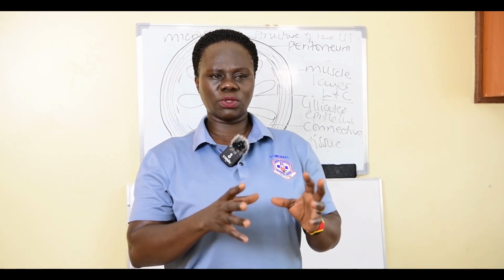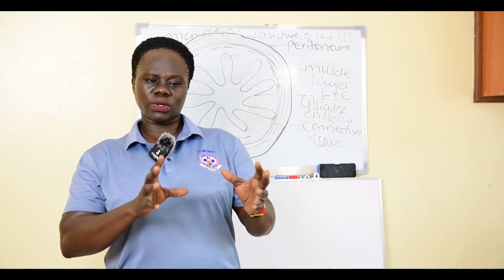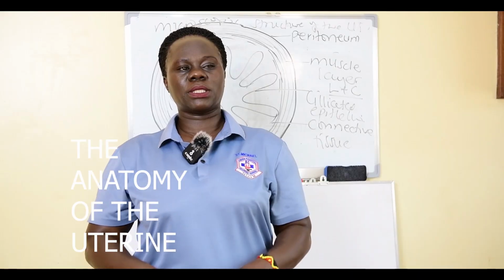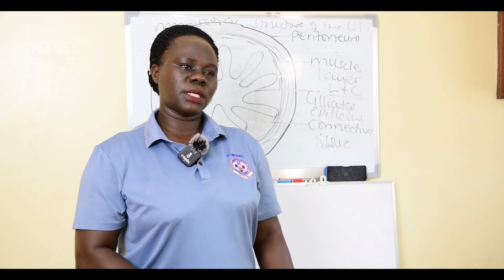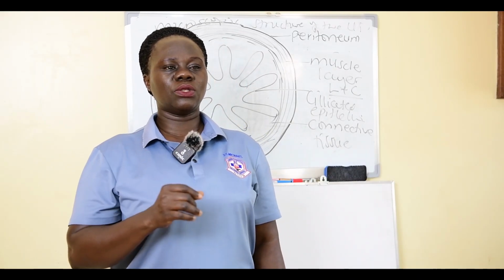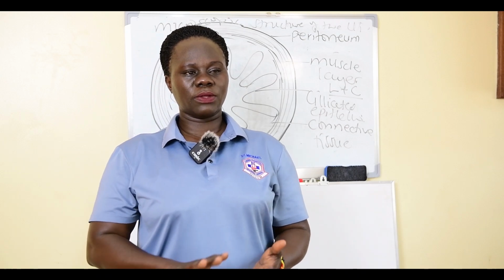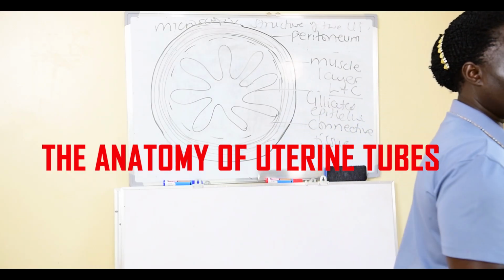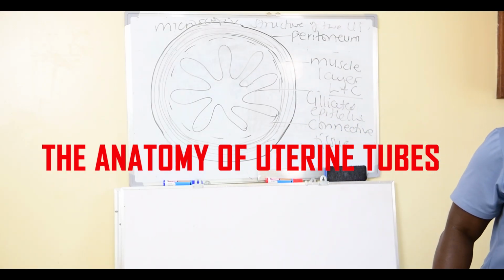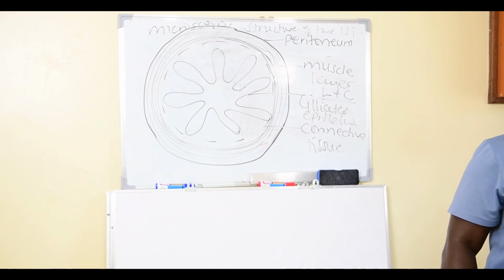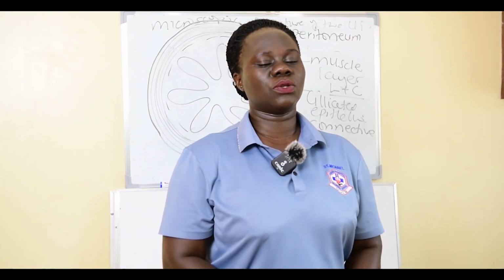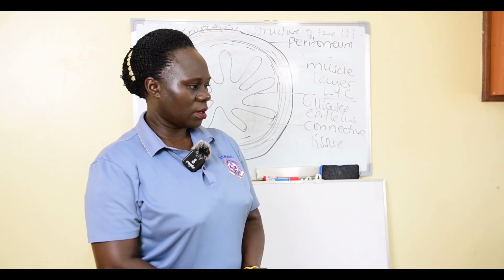I'm not teaching gynecology now, but I want you to attach these conditions to the anatomical parts that we are talking about, such that you clean your vulva very well and make sure that the vulva is clean. Make early detection of abnormal vaginal discharges so that you don't allow the infections to ascend. Those are the gynecological conditions.